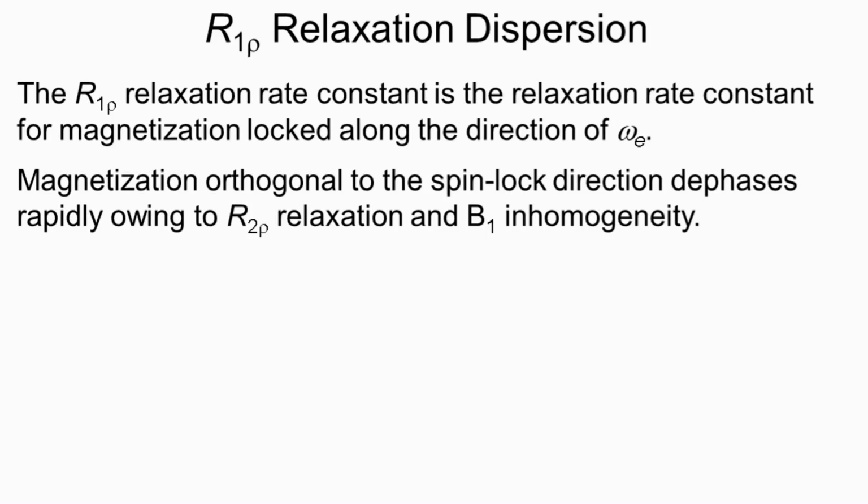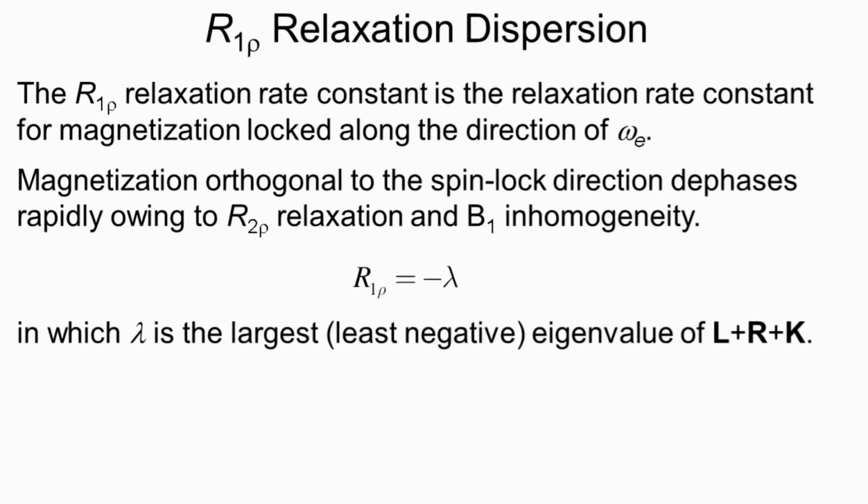And in addition, unless we make use of compensated pulse schemes, magnetization that's orthogonal to the spin locking axis will dephase due to B1 inhomogeneity. So we're most interested in the decay along the I prime z axis, and the decay of magnetization components orthogonal to that direction will be much larger.